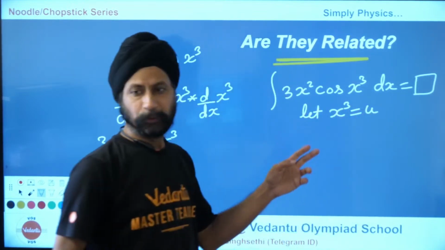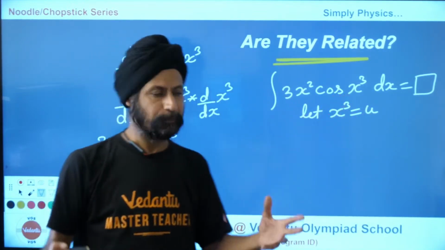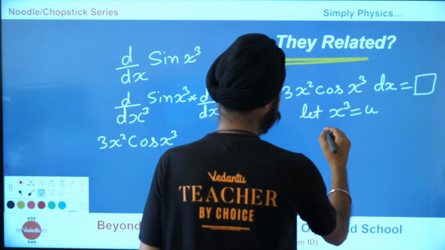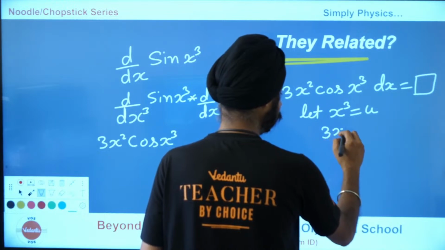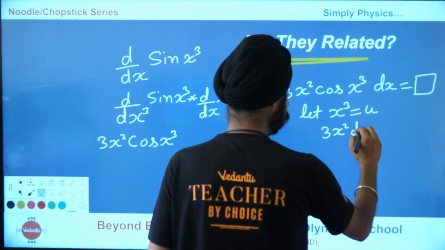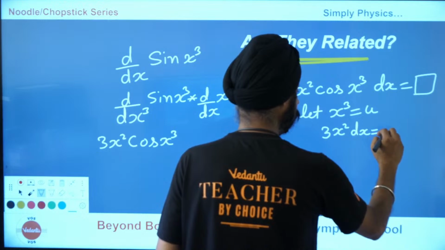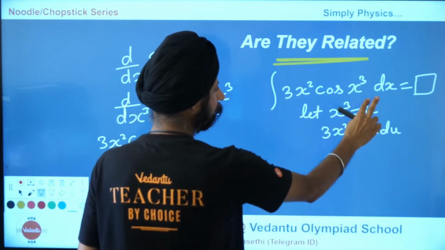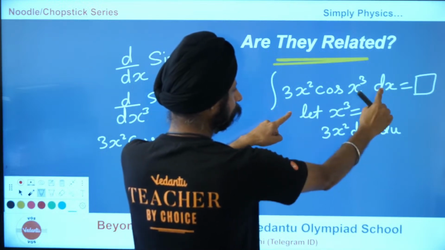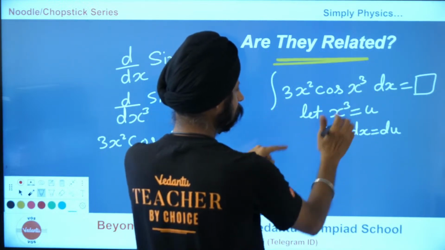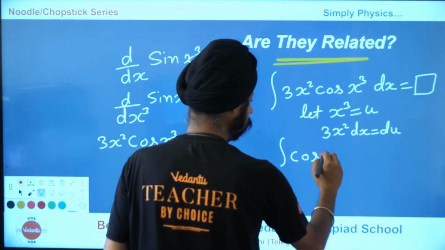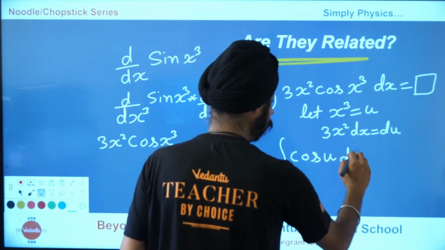So this x cube is u, so I can write it as cos u, but then I have to take care of other x over here. So then taking derivative both sides, you get 3x squared dx is equal to du. So you take 3x squared dx, you put du there, and cos x cubed becomes cos u. So this becomes integration of cos u du.